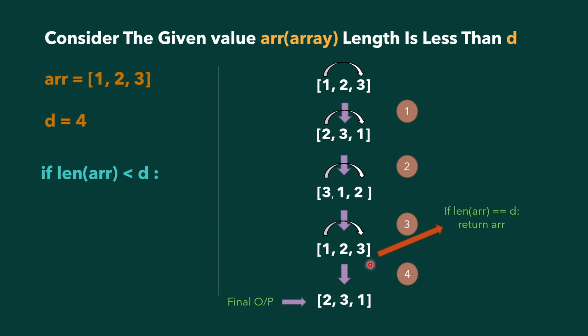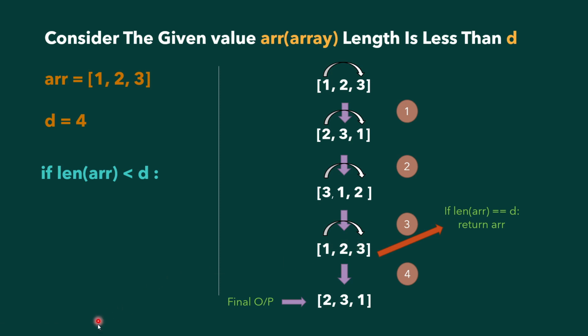Don't confuse the value 1 with 3. The 1 means the number of elements. The first element goes here, but the element index value is 0. Don't confuse. The index value is 0, but the number of elements is the first element. This is the second element, this is the third element, but the index values are 0, 1, and 2.